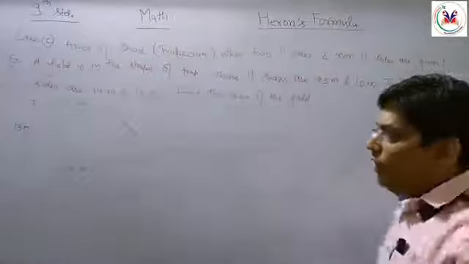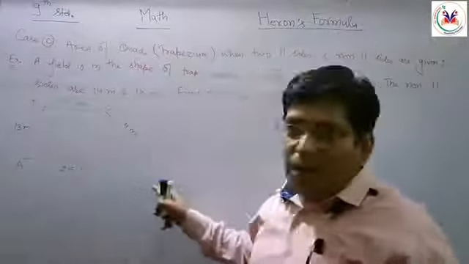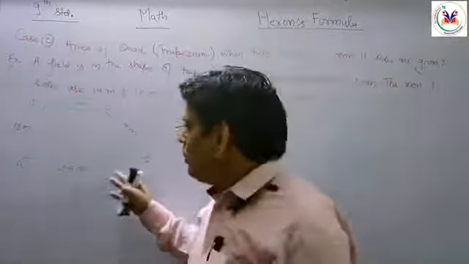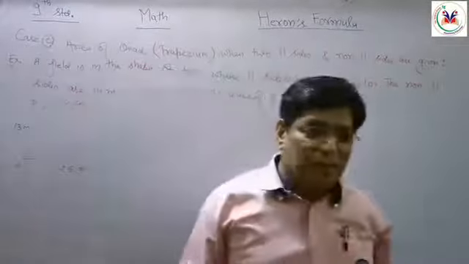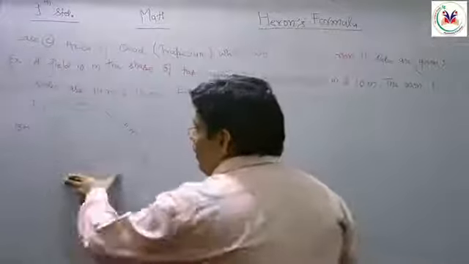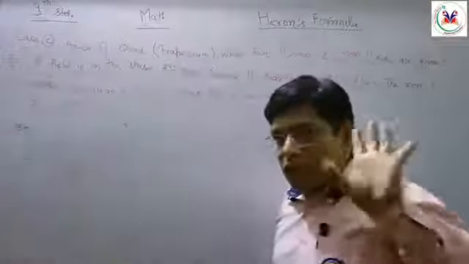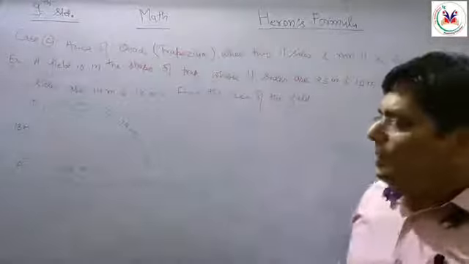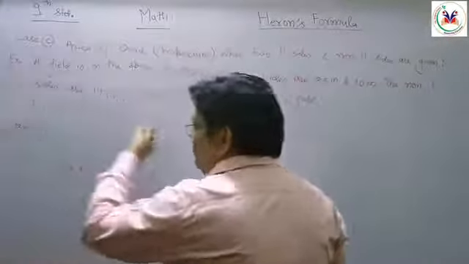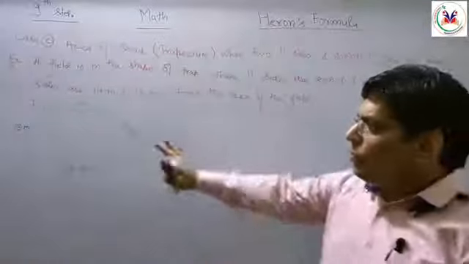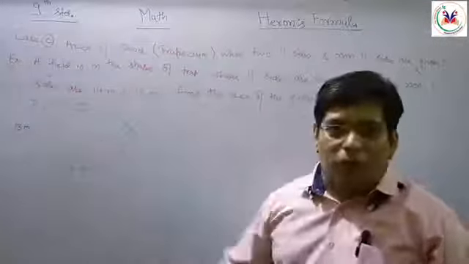So first of all, we have to draw a rough diagram as we have been doing previously also. So first of all, we have to draw a rough diagram of trapezium ABCD in which AB is parallel to CD, clearly mentioned because that is a trapezium. And these sides are non-parallel. First one is 13 and the second one is 14. So that is the basic intro of that question.